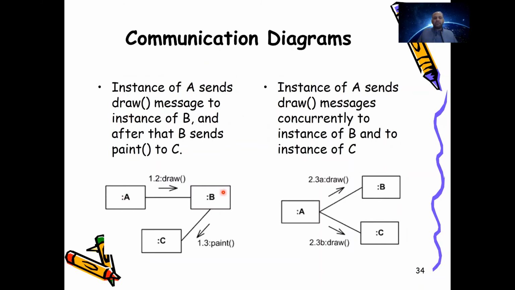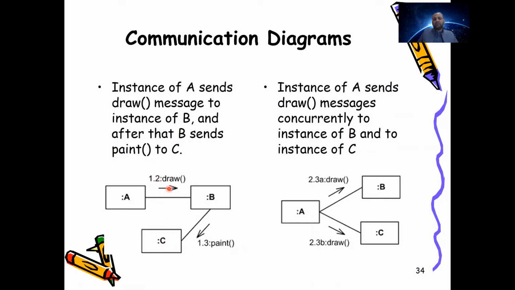There are three objects. First of all, we create objects. If it would have been a sequence diagram, then these would have been three lifelines: A lifeline, B lifeline, C lifeline. But here, these are three objects, and object A is sending message raw to object B, and object B is sending message paid to object C. So this is 1.2.